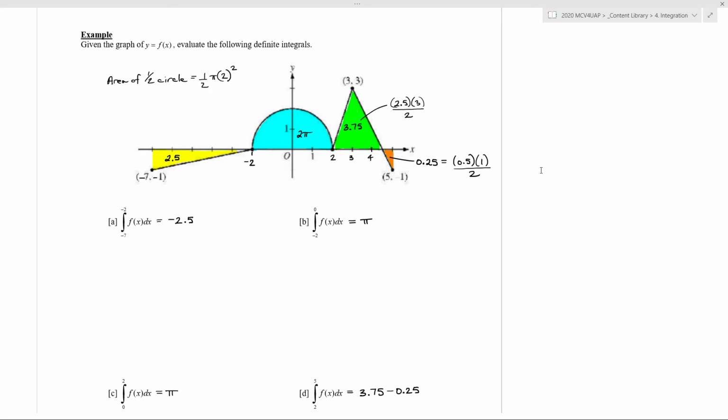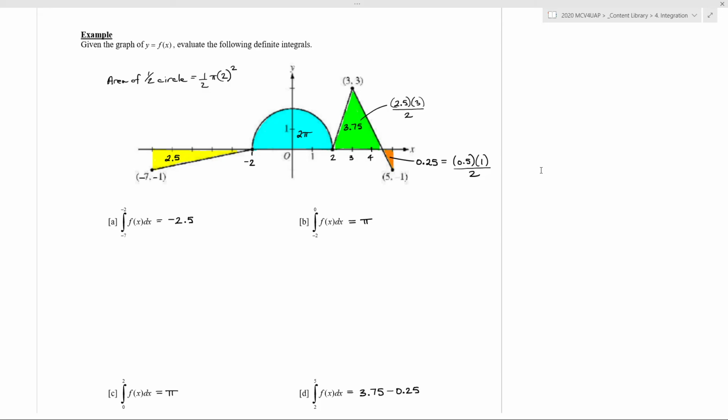When you're integrating the other way, in other words, starting at the right and integrating towards the left, it's the opposite. Any areas above the x-axis would contribute a negative number to the definite integral, and any area below the x-axis would contribute a positive number.